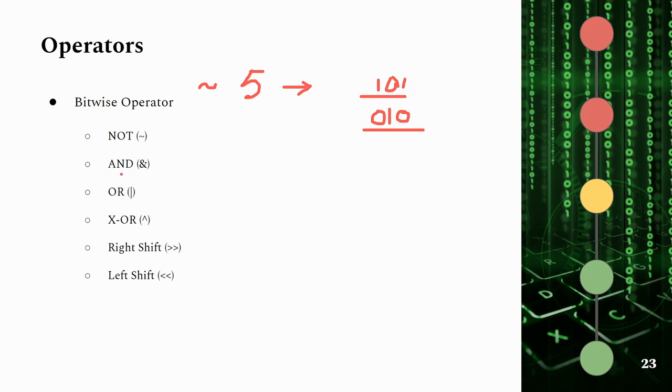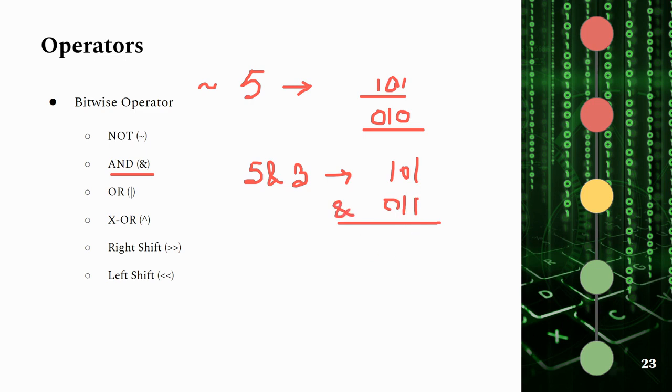If you use the bitwise AND operator and give 5 and 3, it first generates the binary of 5, which is 101, then the binary of 3, which is 011, and then it does a bitwise AND operation between these numbers.